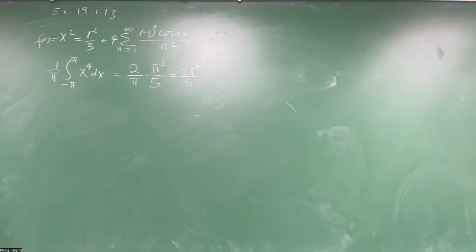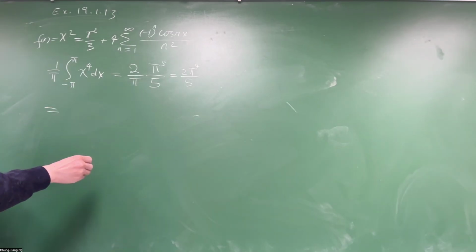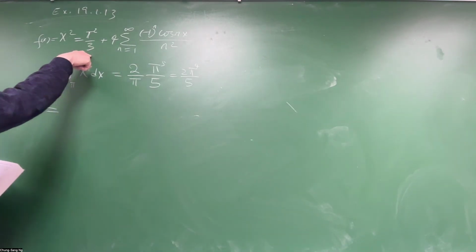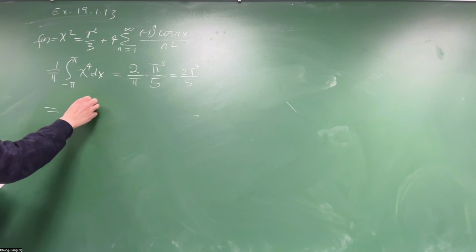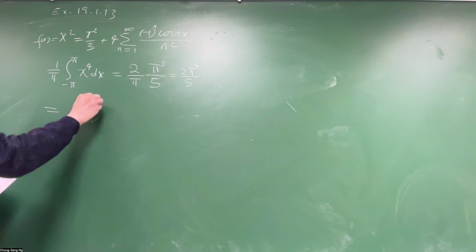The right hand side is the sum over all the coefficients of the Fourier series. You have a sub 0 squared divided by 1/2, so pi squared over 1/2.